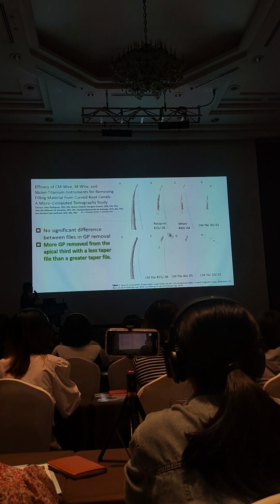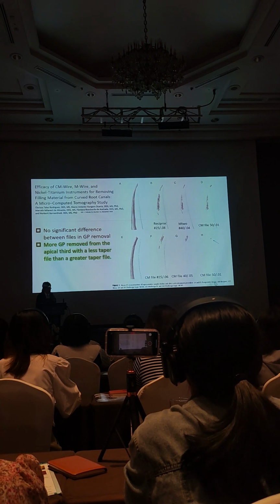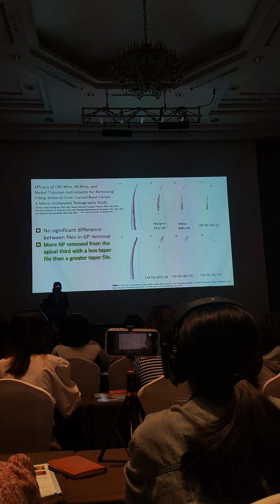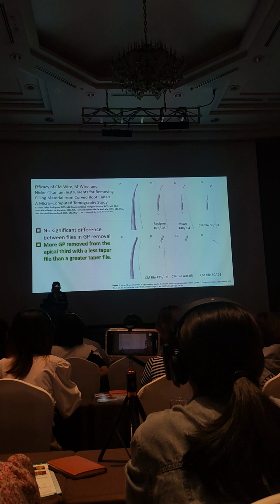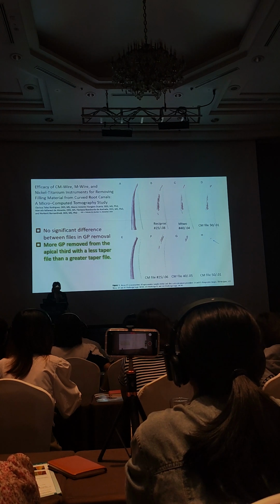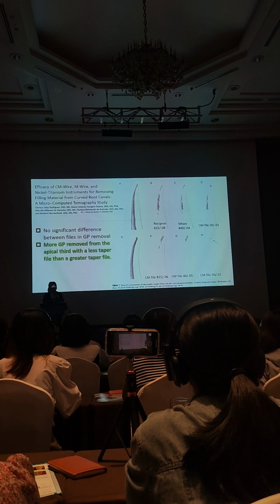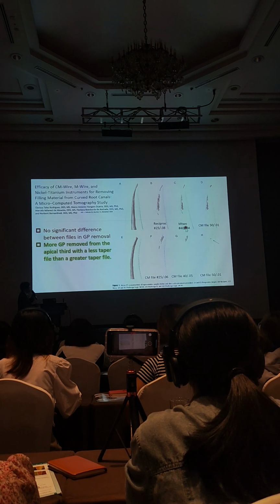According to this study, more gutta-percha fillings were removed from the root canal in the apical third with an instrument with a smaller taper, like 1%, compared to an instrument with 8% or 4%.